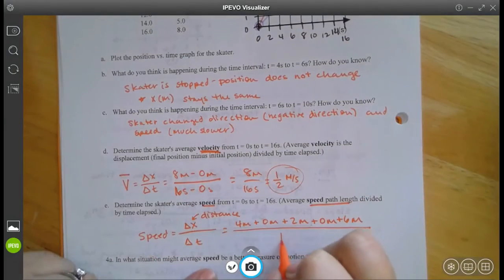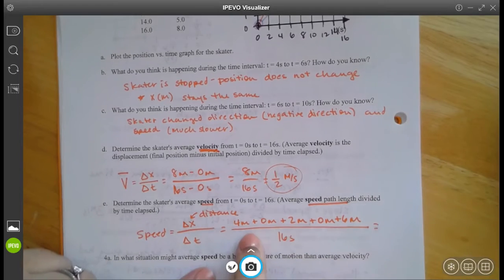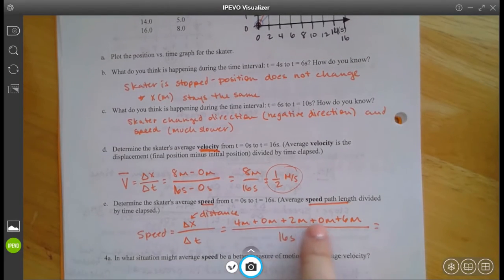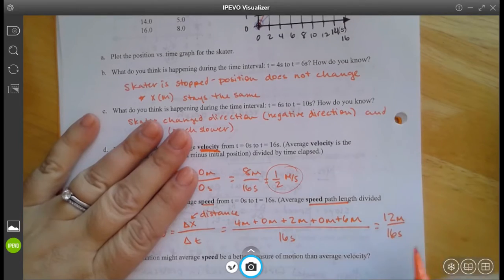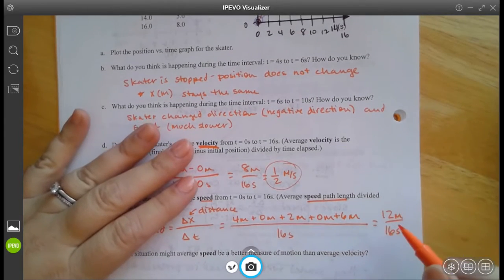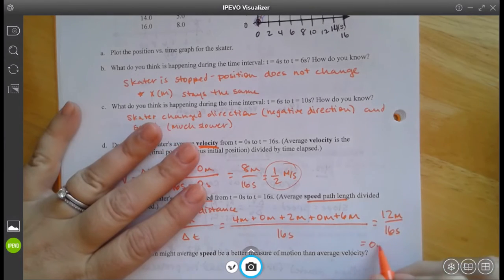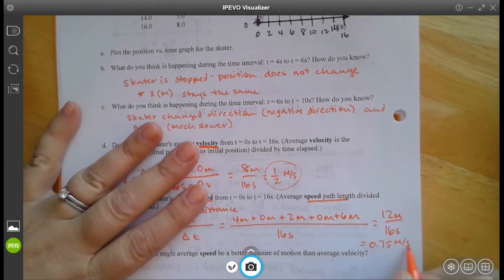And again, that's 16 seconds. So when I add these together, 4 plus 0 is 4, plus 2 is 6, plus 0 is 6, plus 6 is 12. So I've got 12 meters over 16 seconds. If we found the least common multiple of that, that would be 3/4. So that's going to be 0.75 meters per second for speed.